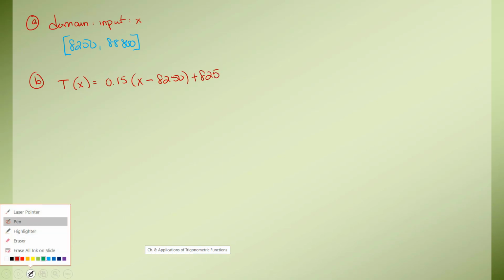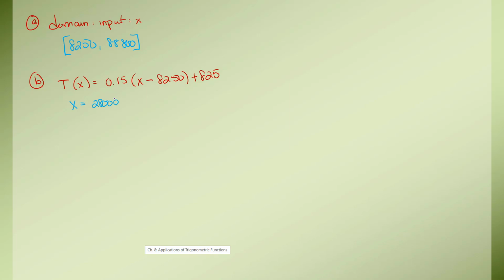Okay, our adjusted gross income, right? They told us in this case X equals $28,000. And they want to know what our tax bill is going to be for this single person. So that means we're finding the tax bill at $28,000.